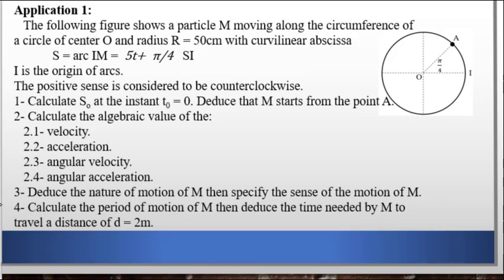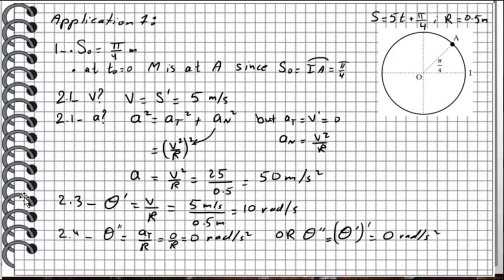Part 3. He said deduce the nature of motion of M, then specify the sense of motion of M. The nature of motion, here I can use any justification I like. I can say since v equal to constant, then the nature is uniform circular motion. Or since a equal a normal, then it's uniform circular motion.